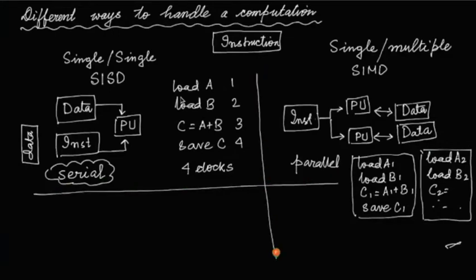Now you can have multiple instruction and single data. I am not doing the block diagram anymore because you understand what will happen. There will be more than one instruction operating on the same data. And this is also parallel, obviously. One example: if I carry on with the same thing, load A and B only.